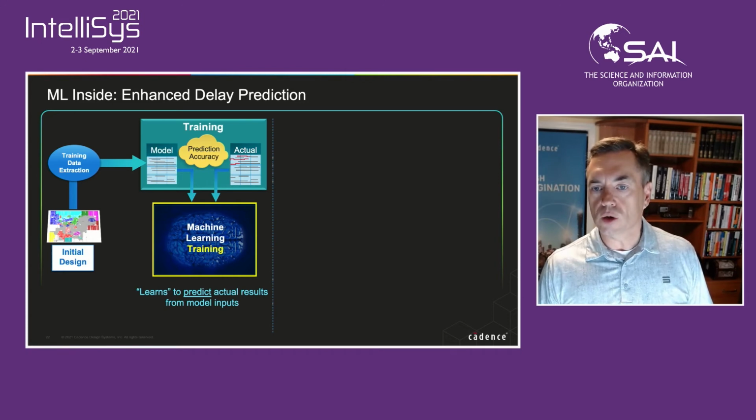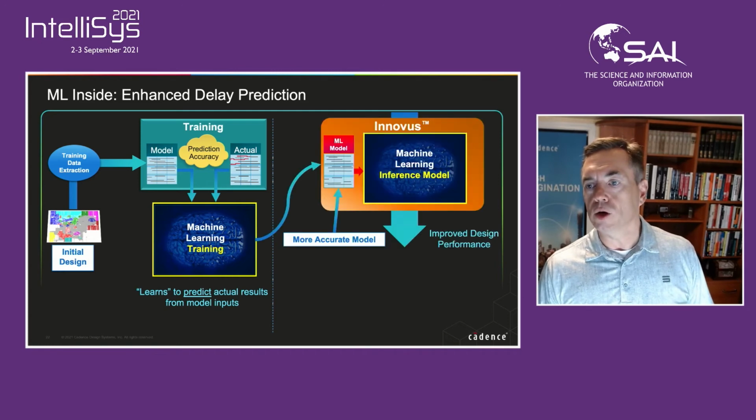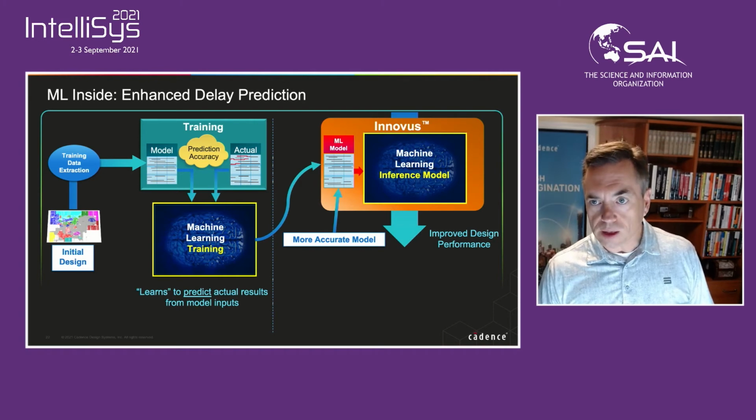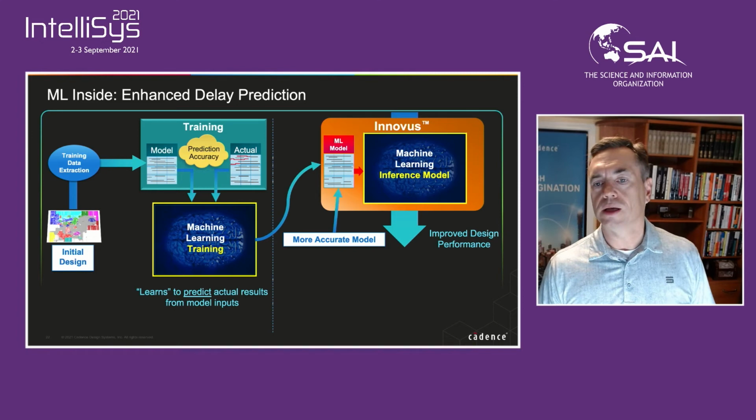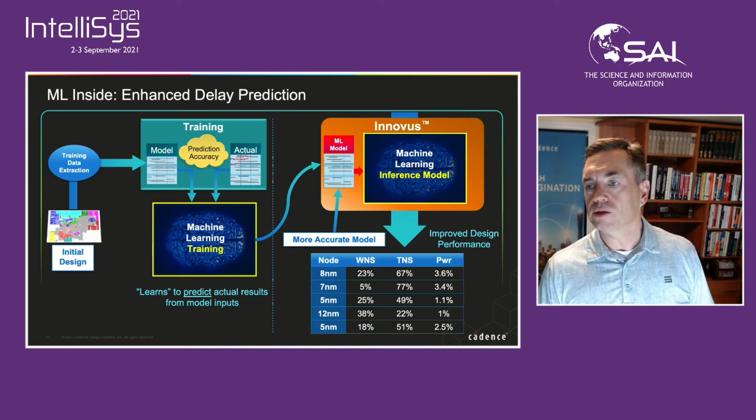You essentially look at the layout implementation, you model the delays, and you train a neural network to predict the actual results from the model inputs. And then you apply that for predicting the delays within the semiconductor implementation layout. And that's really getting you improved design performance.